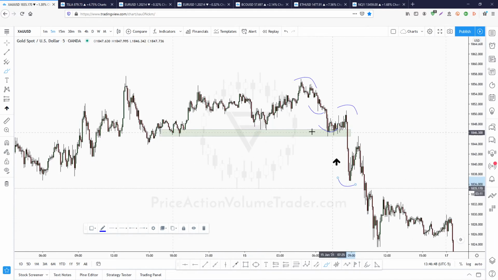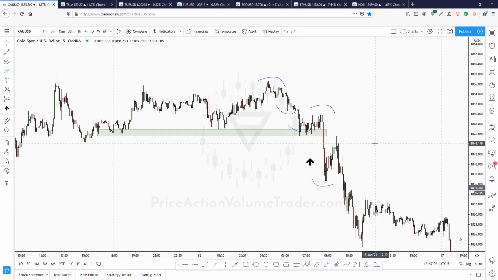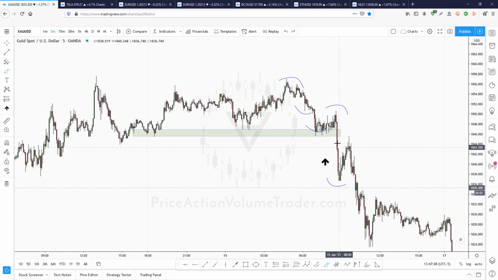Number of touches, we have at least 3 strong touches here. How clean the break is, we can see this is a super clean break, absolutely no retests on the way back. The only thing that would put me a little bit alert and wary is that we came back rather quickly.